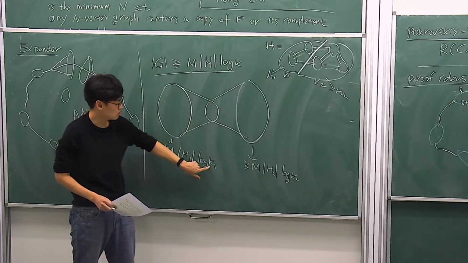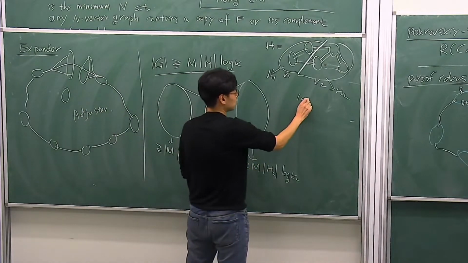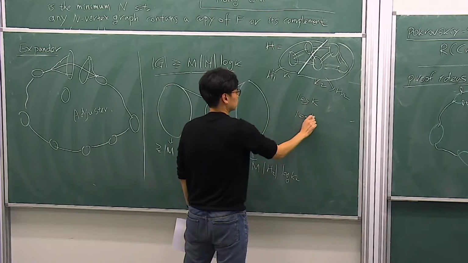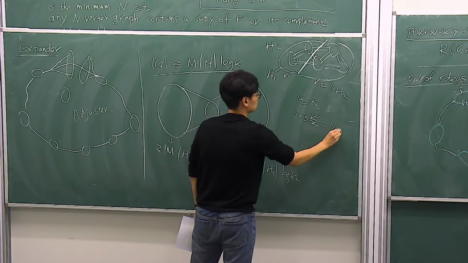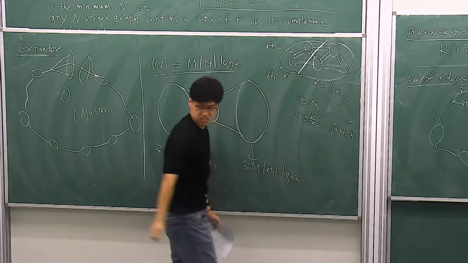But the log, so naively thinking, log K and log K over 2 is like log K minus 1, right?